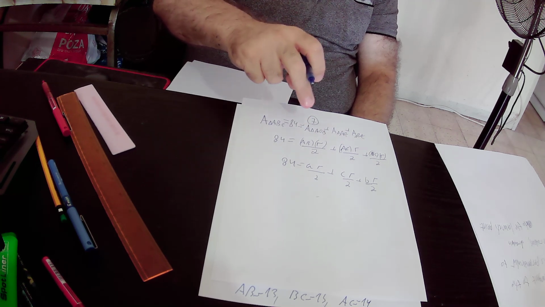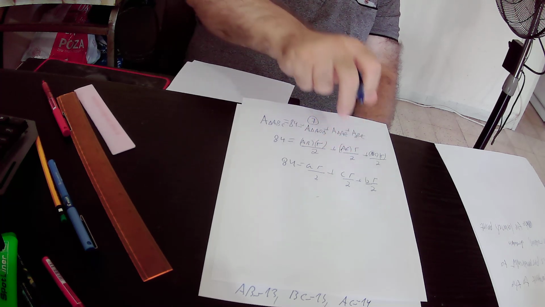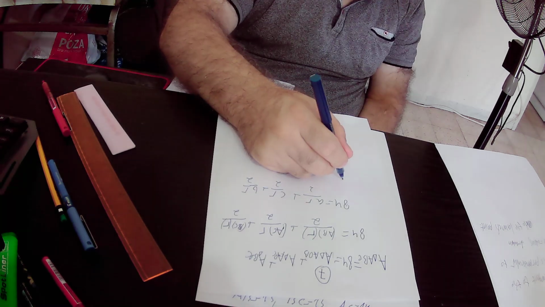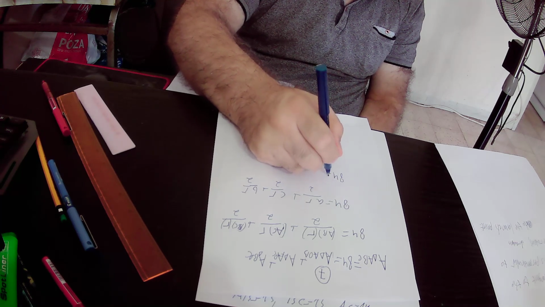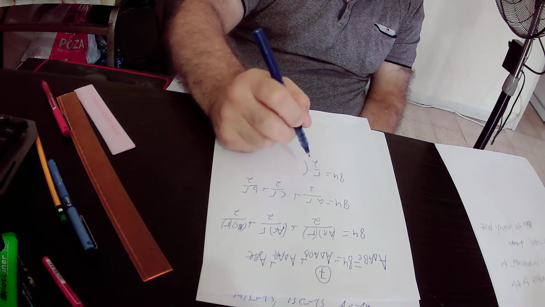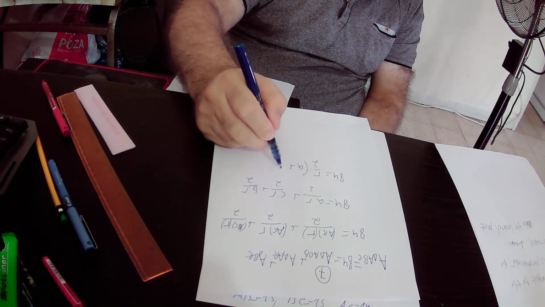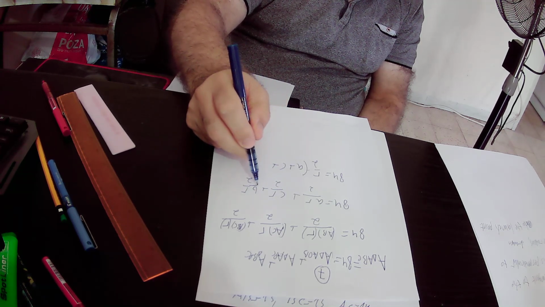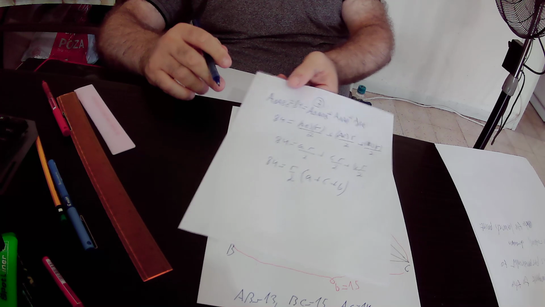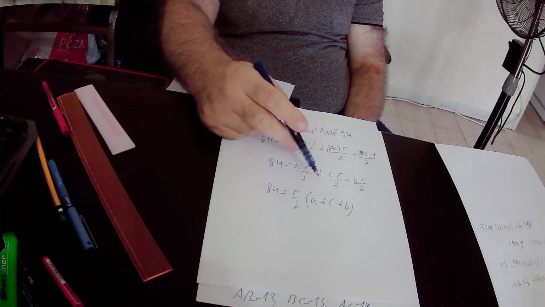We will get that 84 equals the common factor that we took, that is R over 2, and inside the brackets we will have A, C, and B. So in total we got that 84 equals R over 2 times A plus C plus B.